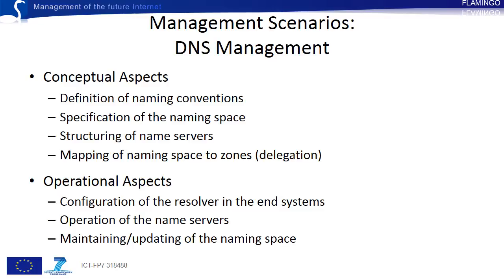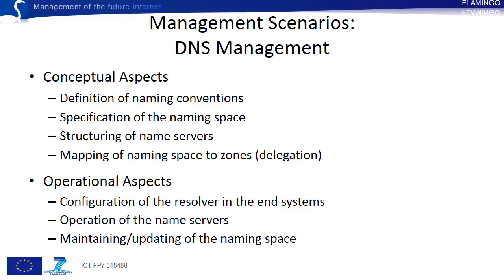The conceptual aspects are more organizational issues, like the definition of the naming conventions or the specification of the naming space. Another aspect is the structure of the name service in your own private network or the internet. For the purpose of redundancy and failure recovery, you have to think about these aspects.